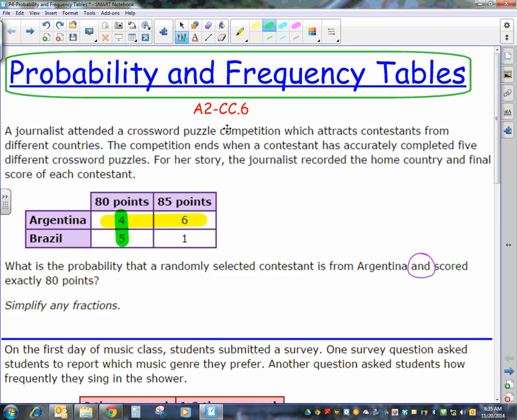If I want the ones that were from Argentina and scored 80 points, hopefully you can tell that's where these two have in common. So I had 4 people, but I'm choosing any of the contestants, so I have to add up all of these numbers, and when you add up those numbers, you're going to get 16. So 4 out of 16 would be the answer. Of course, we have to simplify any fractions, so we're going to get 1/4.